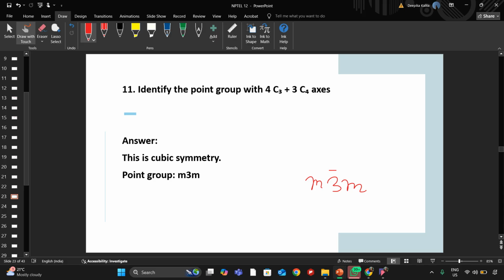So it actually represents the highest symmetry point group in the cubic crystal system, which is also known as full octahedral group.